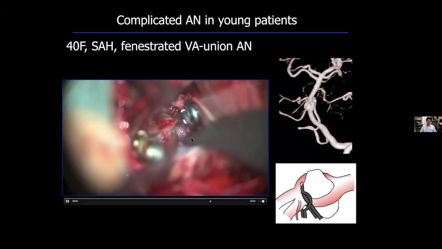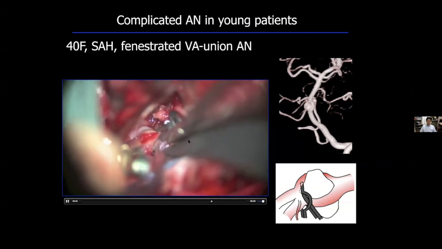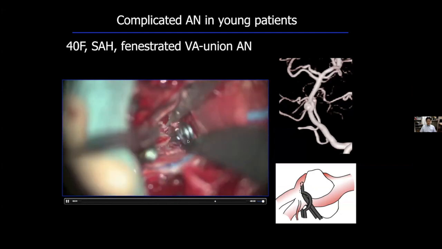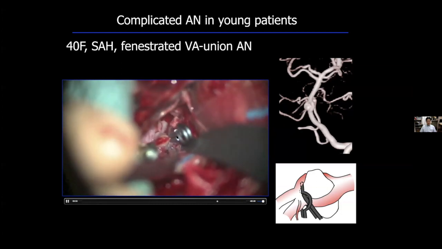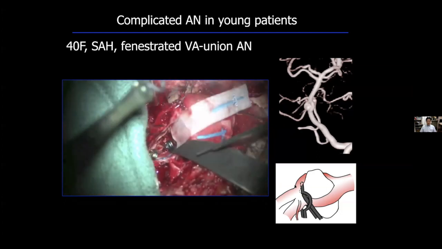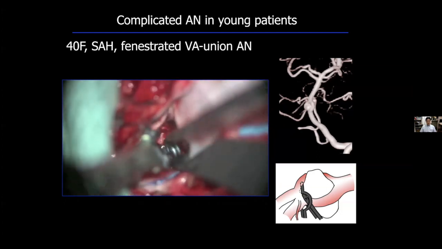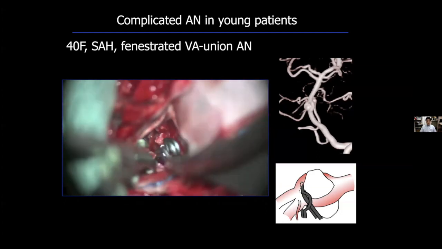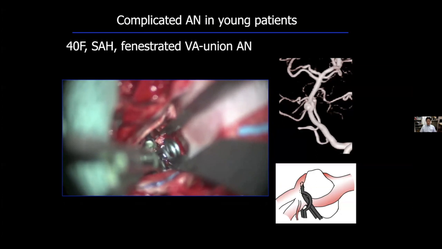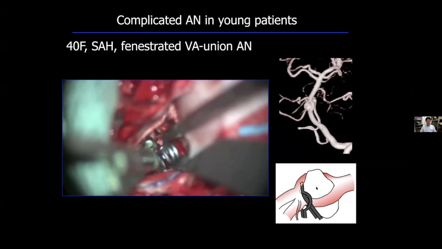By doing this, I could get the additional space to cut the arachnoid and confirm the perforators around the aneurysm. And I cut the arachnoid close to the right side of the aneurysm neck. And next I use the fenestrated clip to jump the first clip and close the right half of the aneurysm neck.